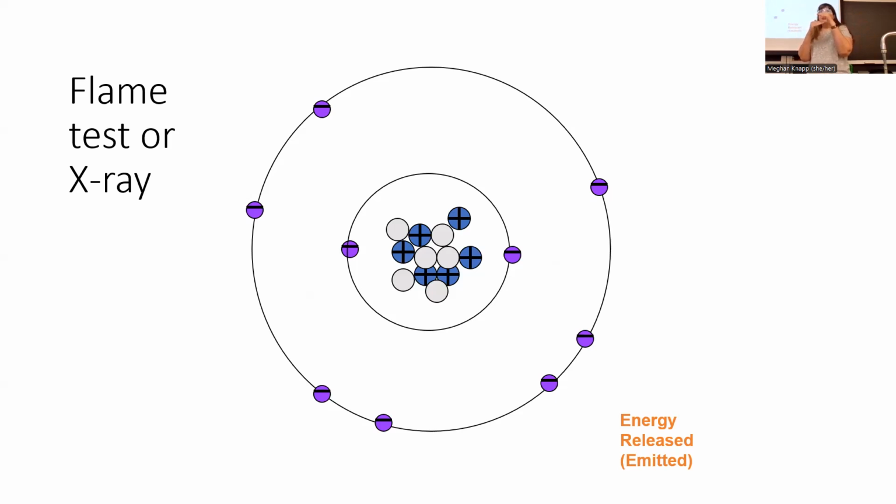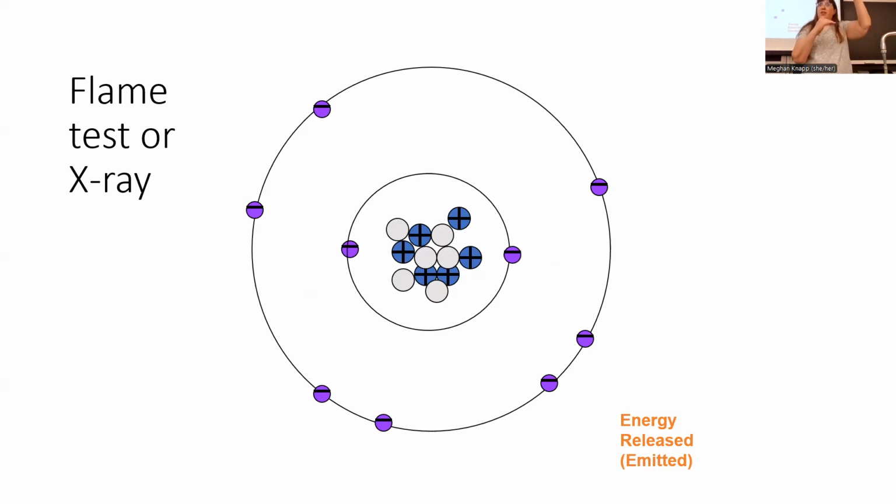For strontium, it's a little bit more, so it's kind of an orangey red. Calcium is a little bit more than that, so it's orange. Sodium's a little bit more than that, so it's yellow. Barium is a little bit more than that, so we get green.